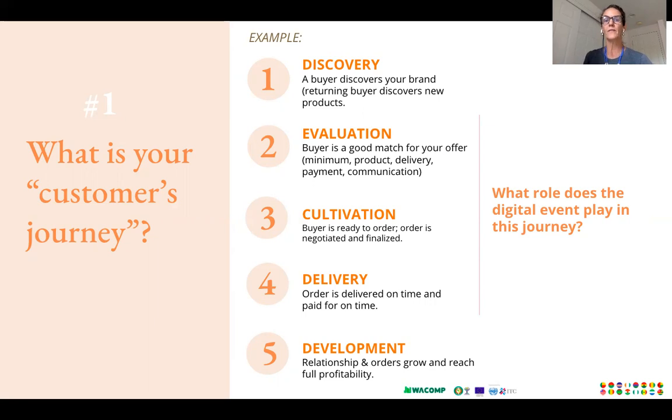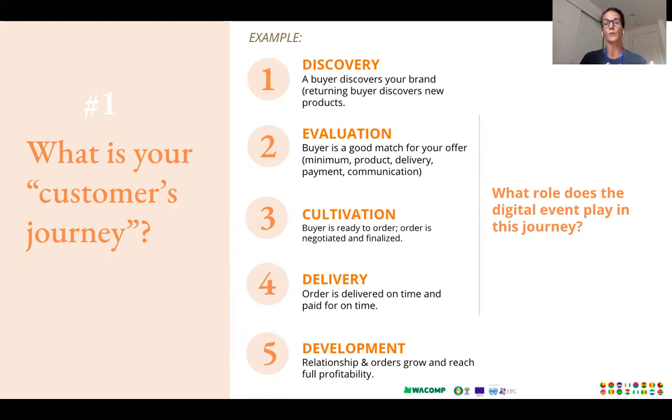So here are 5 common stages in a customer's journey. The first one being discovery, right? That customer discovers your brand, or maybe your returning customer or buyer discovers new products that you have. Stage 2, evaluation. The buyer determines that your offer is a good match for what they need to buy in terms of product category, minimum orders, delivery time, payment, and communication.